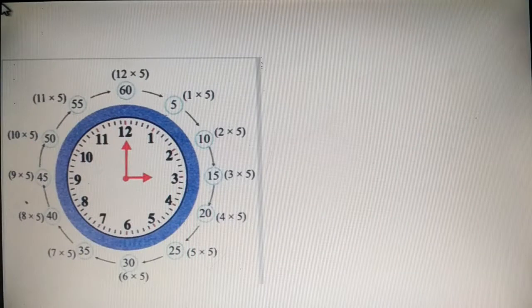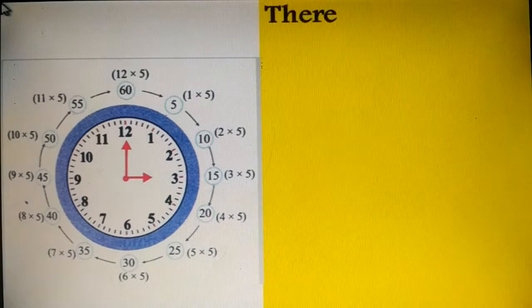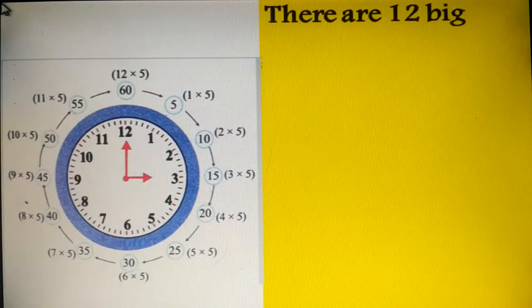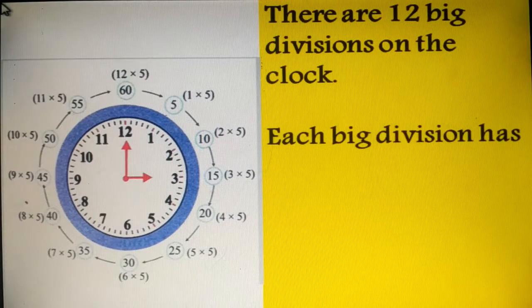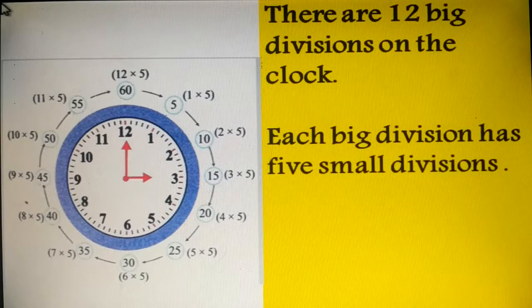let me tell you some written points about this one. There are 12 big divisions on the clock. As you all know, there are 12 big divisions on the clock. Each big division has 5 small divisions.